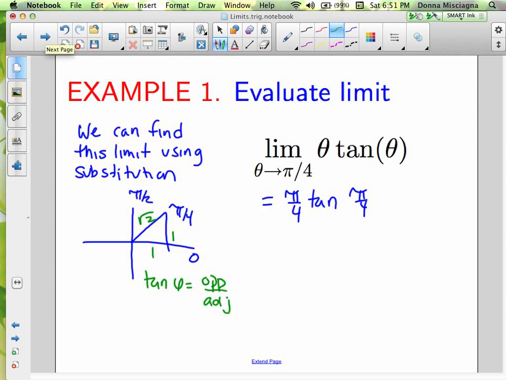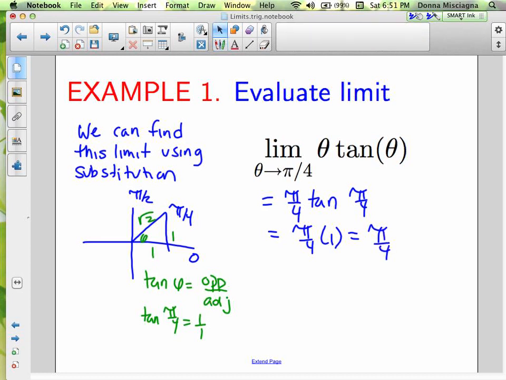The opposite side is 1. The adjacent side is also 1. So tangent pi fourths is going to be equal to 1. I'll write that down over here too. So we have pi fourths times 1. And that's just pi fourths. All right, so here's one where we could use substitution, right? Because tangent is defined at pi fourths.